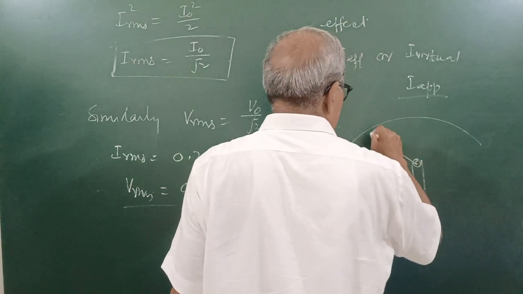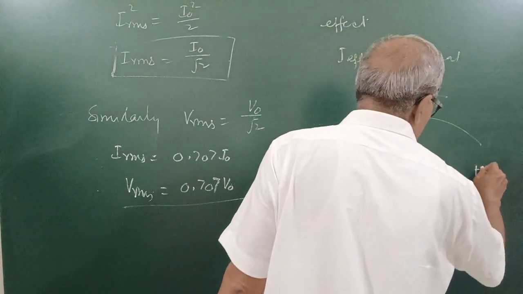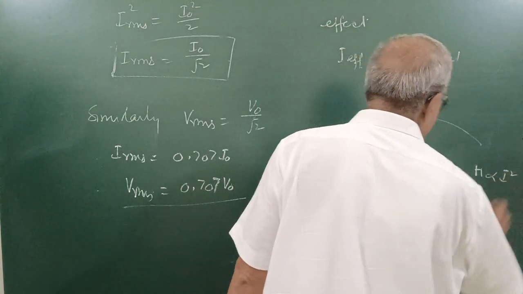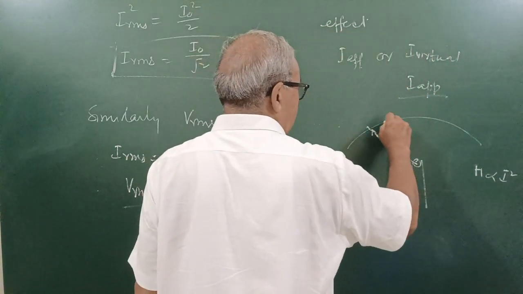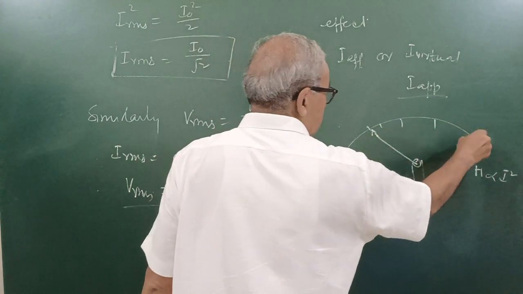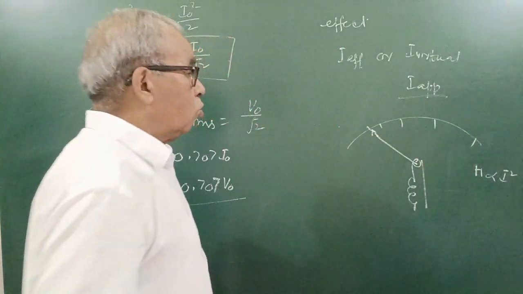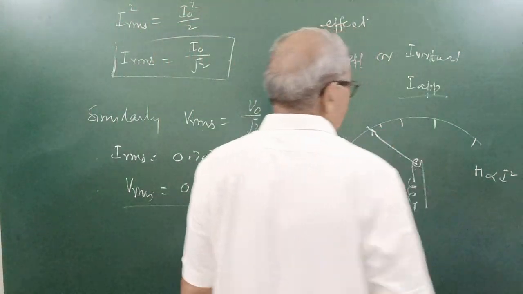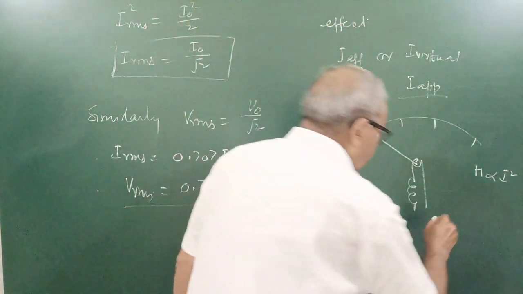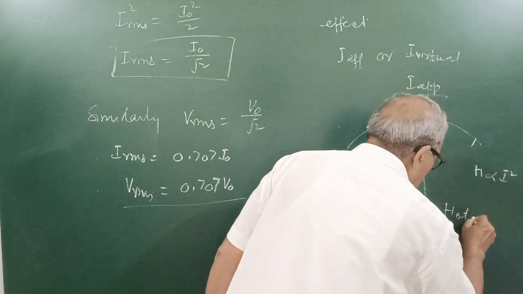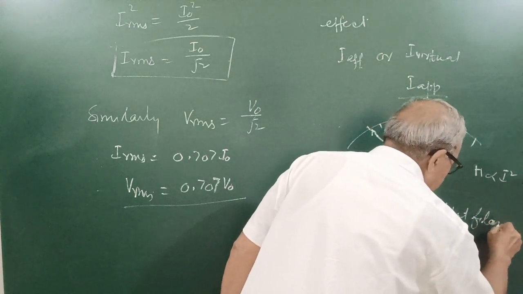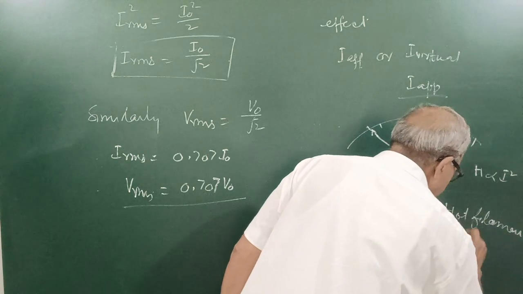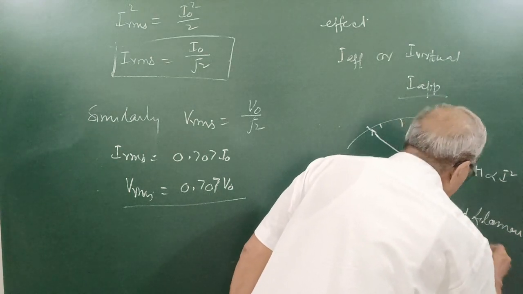Since heat produced is proportional to I square, the divisions are not equally spaced, because 1 square is 1, 2 square is 4, 3 square is 9 and so on. So the AC ammeter is called a hot filament ammeter, and similarly the voltmeter.